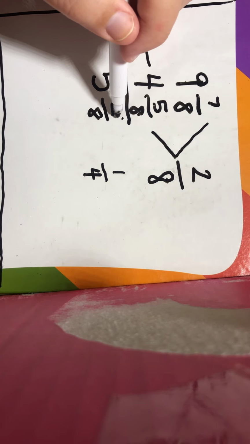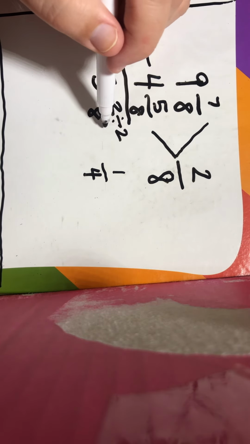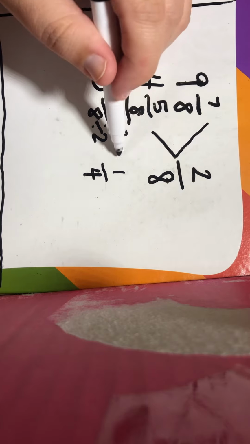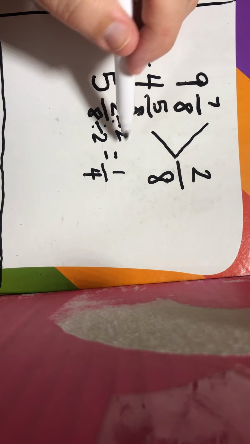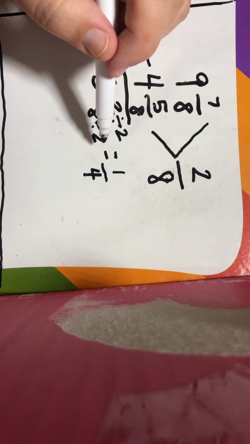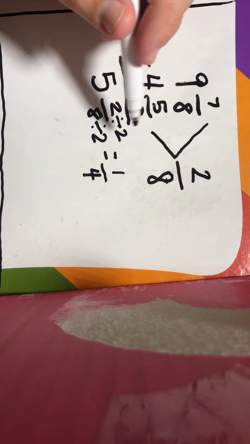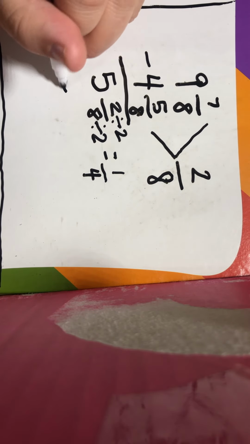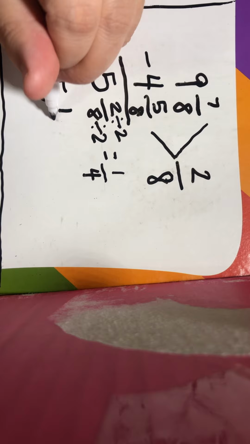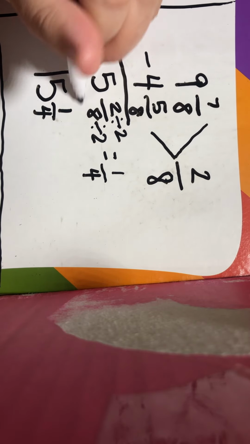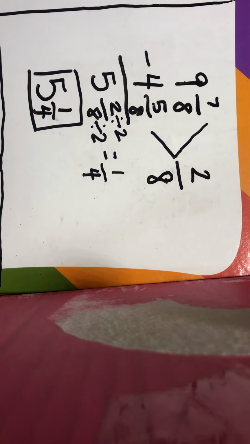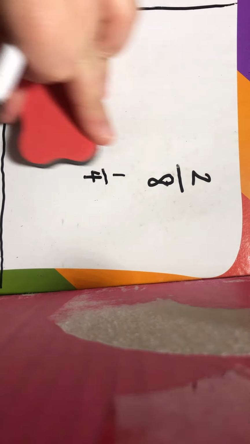And so if you take 2 and you divide by 2 on both ends, 2 divided by 2 equals 1, and 8 divided by 2 equals 4. And so now we'll just bring our 1/4 back down with our 5, and our final answer is 5 and 1/4. Let's do another example.